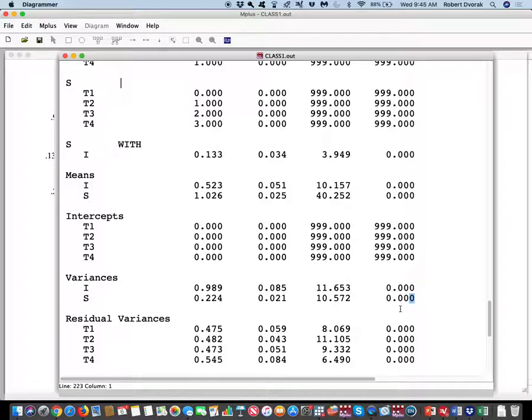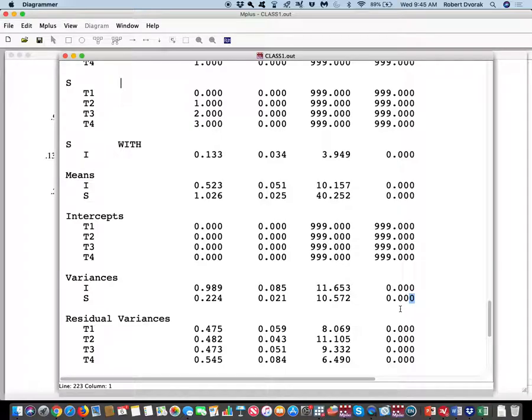What that correlation between the intercept and slope says is, based on where you start will dictate how you change across time, right? So the higher your starting value, the steeper your slope will also be across time for each individual, right? It's broken down by individuals. Does that make sense now?